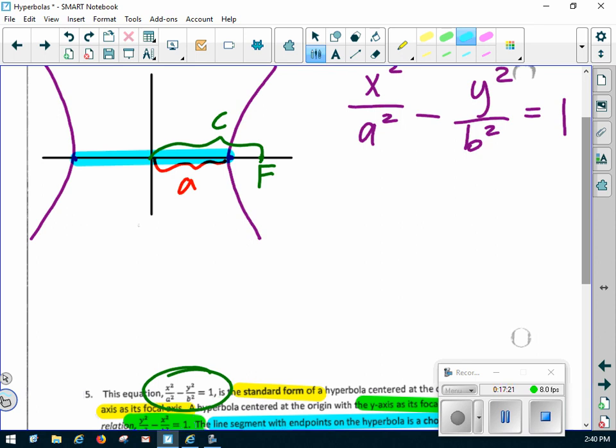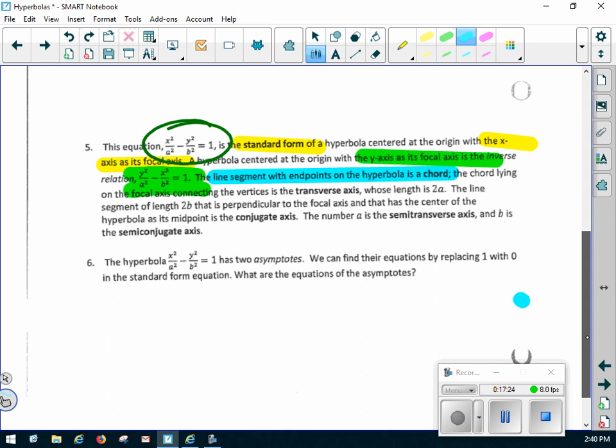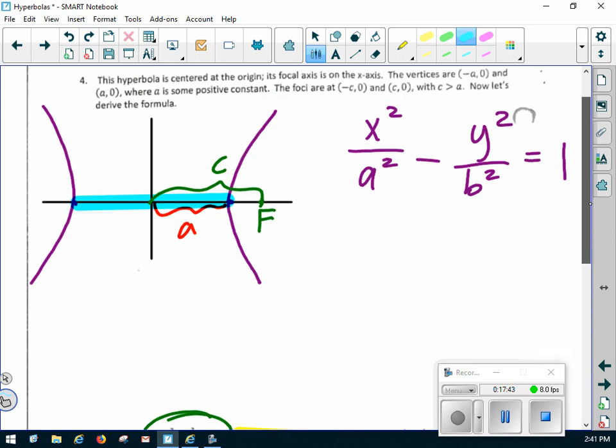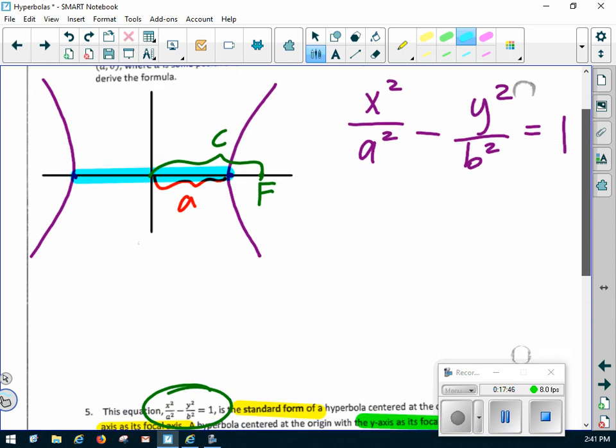The chord lying on the focal axis connecting the vertices, we're going to call the transverse axis. Where did transverse come from? Don't have a clue. This ought to make sense to you, though. That chord is called the transverse axis because it connects the vertices, okay?